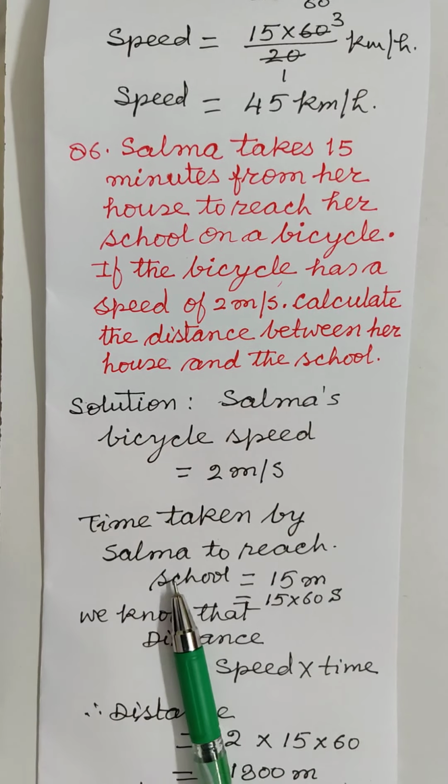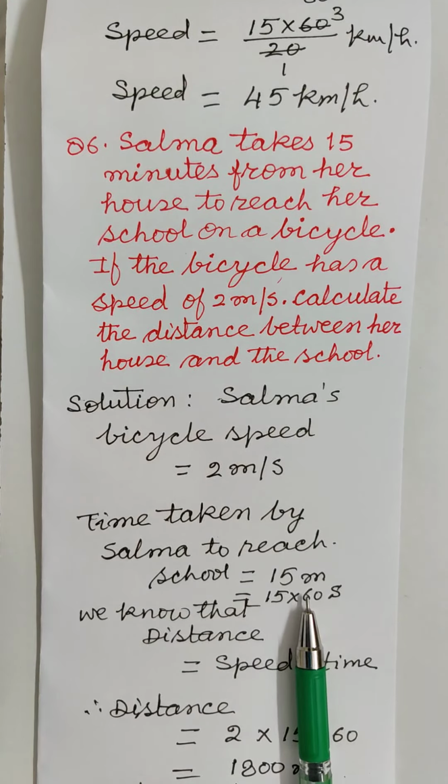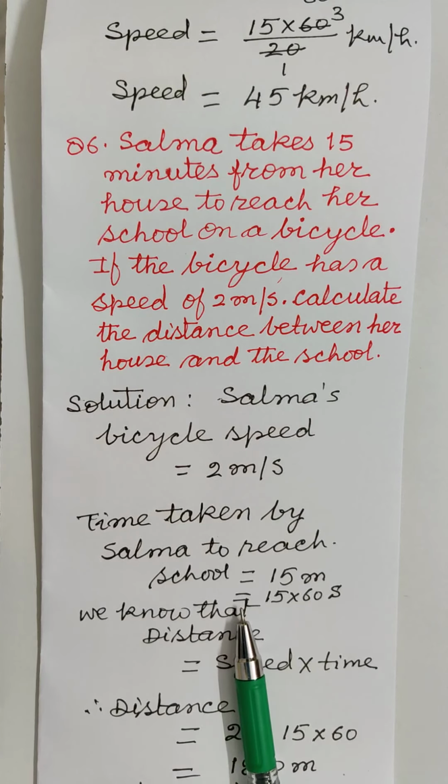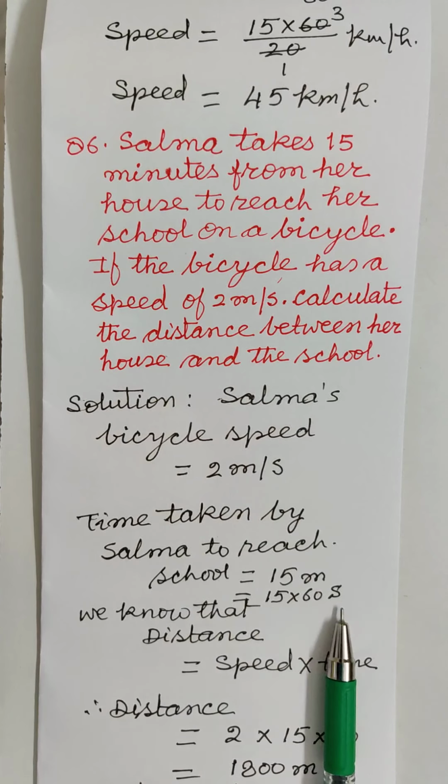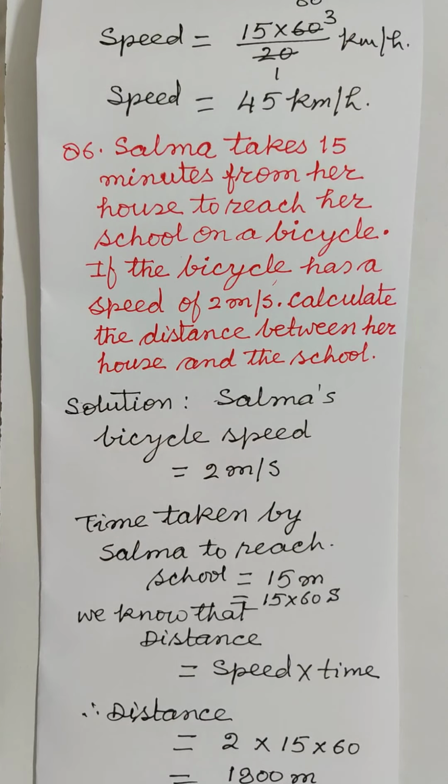Time taken by Salma to reach school is 15 minutes. We shall turn this 15 minutes into seconds, that is 15 into 60 seconds. We know that distance is equal to speed into time.